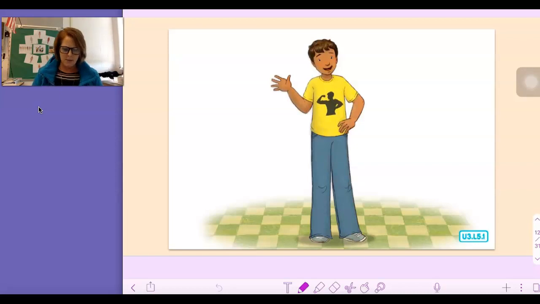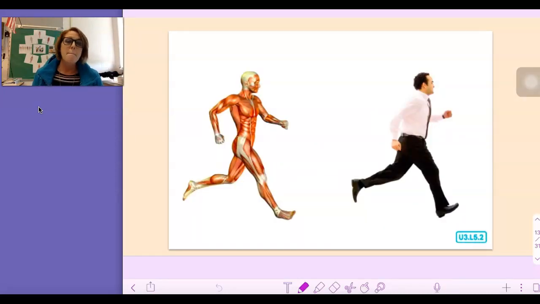What are muscles? The word muscle comes from the Latin word musculus. Muscles are made up of bundles of long, thin cells. They are controlled by signals that come from your brain and spinal cord, which carry messages through nerves to every part of your body.